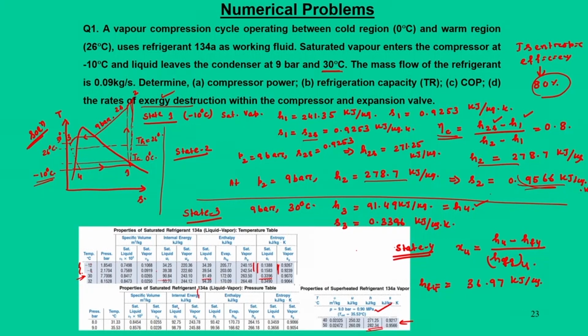So, this is taken at average of these two, and H 4 is equal to 91.49 kilojoule per kg. So, this is already here. Now, H F G 4 is 204.39 kilojoule per kg.